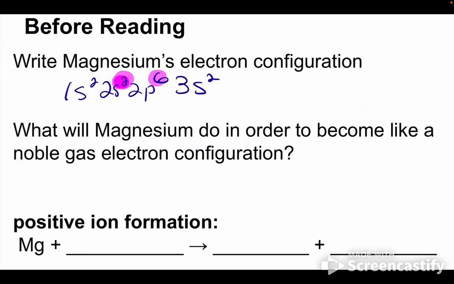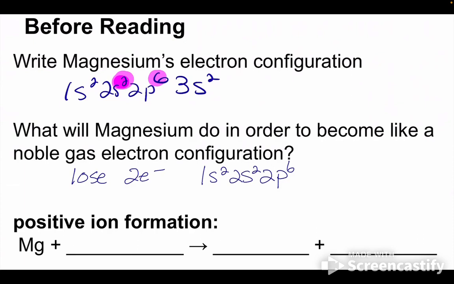So what magnesium wants to do is really lose these two 3s electrons. In order to become like a noble gas, it will lose 2 electrons, and then it would become electron-like neon. It doesn't become neon, but its electrons are like neon.